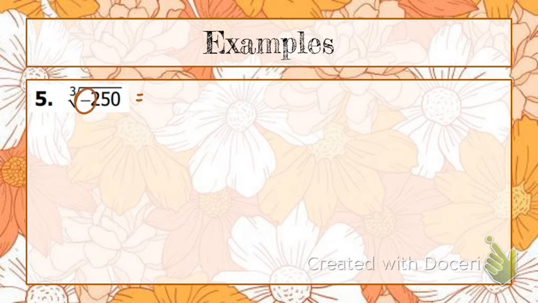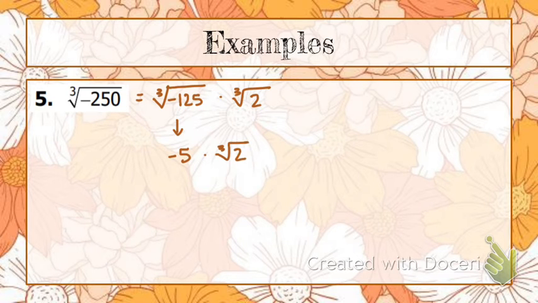But we want to get rid of this negative as well, so we're going to make sure to attach the negative to the perfect cube and not the one that's going to stay under the radical. So the cube root of negative 125 is negative 5 times the cube root of 2. And then that simplifies, we just write that as negative 5 cube root of 2.